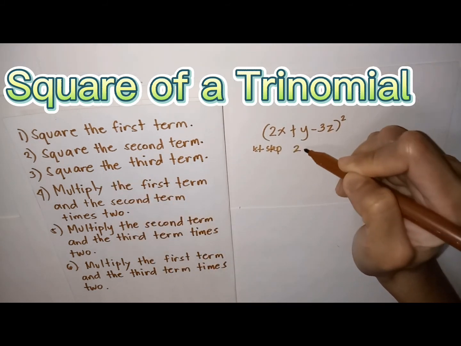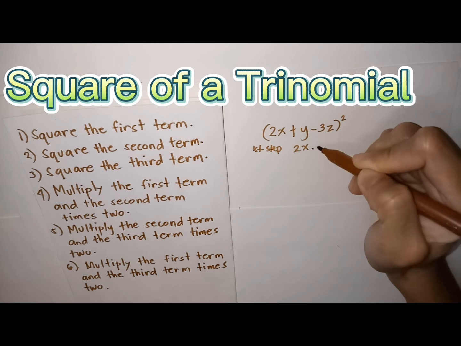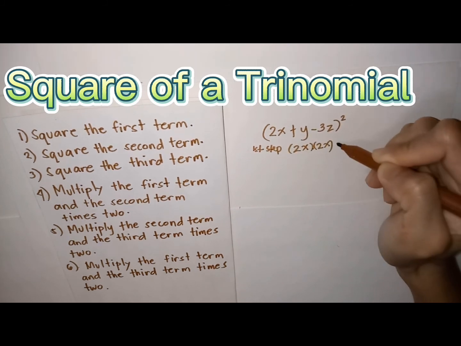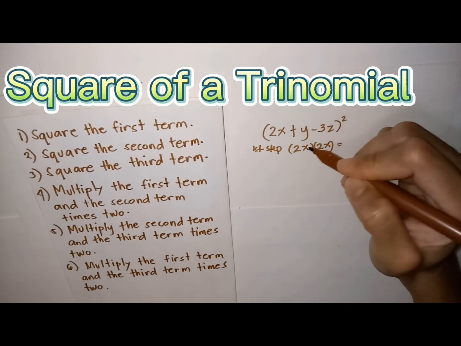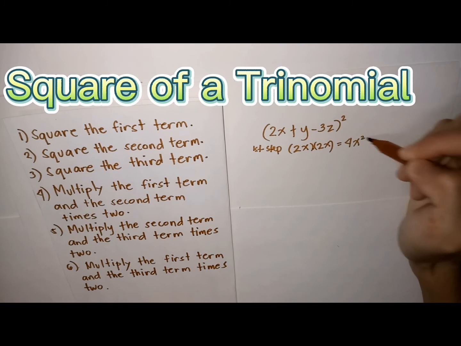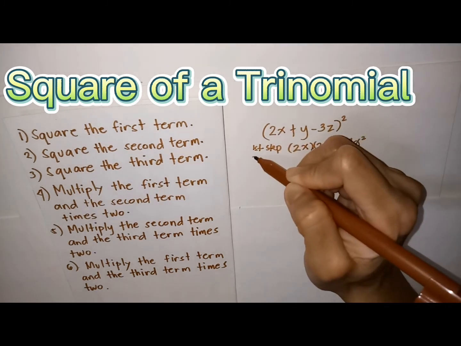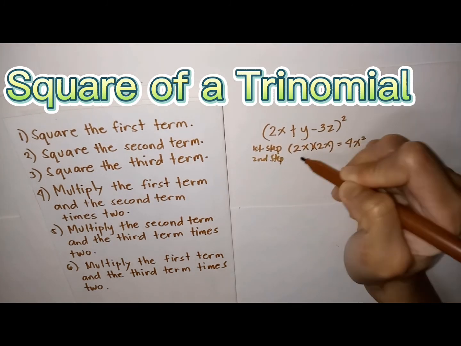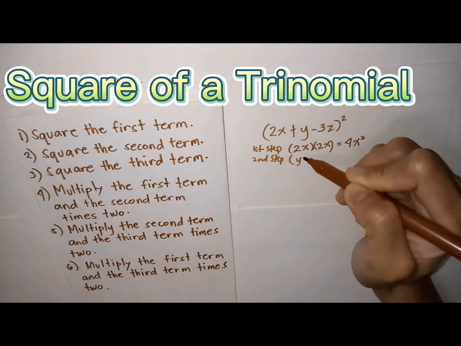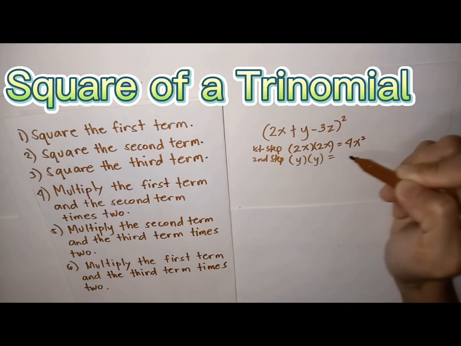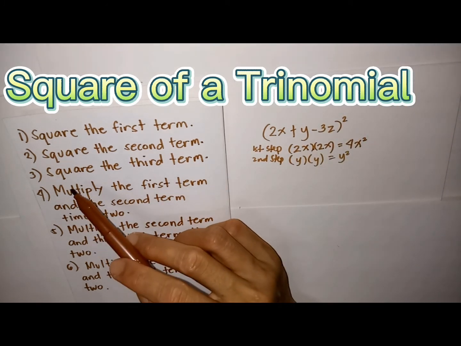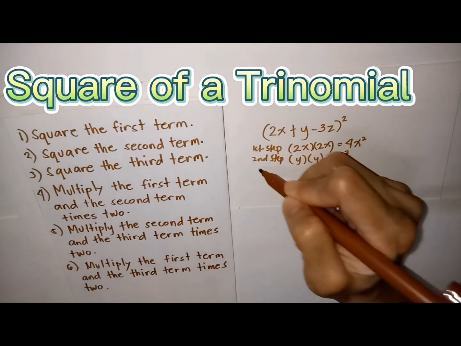That is 2x times 2x. So 2 times 2 is 4, and x times x is x squared. That is 4x squared. For our second step, square the second term. So our second term is y. So we have y times y. That is y squared.